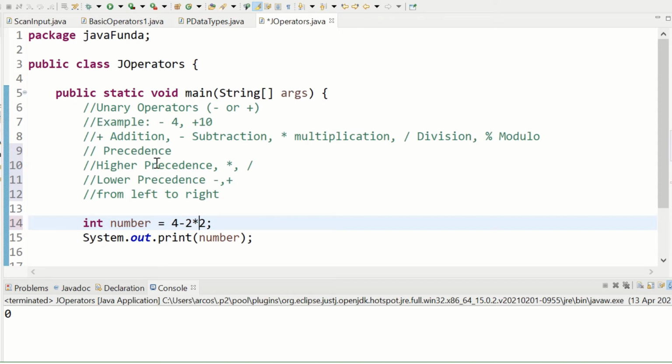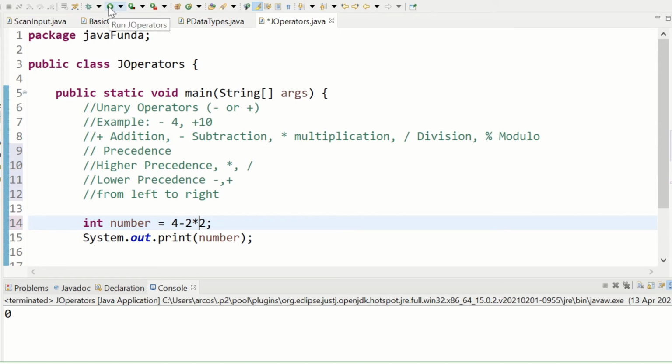If we do not consider the precedence here, we might perform this operation as 4 minus 2 will be 2, times 2, and the result will be 4. But with precedence, it will be 2 times 2, then 4 minus that, and the result will be 0.